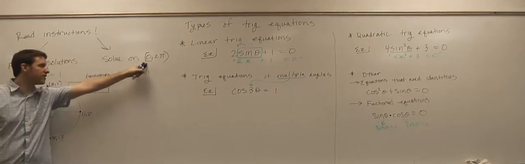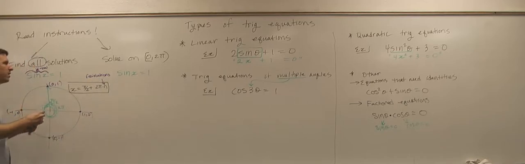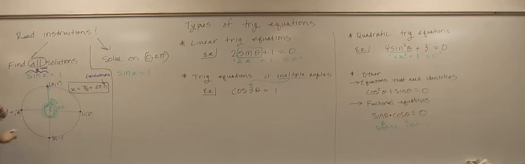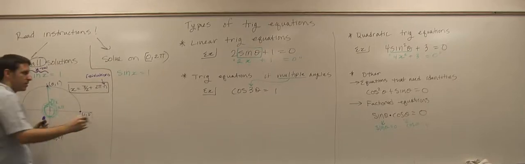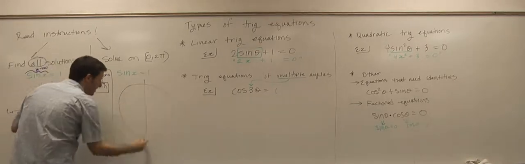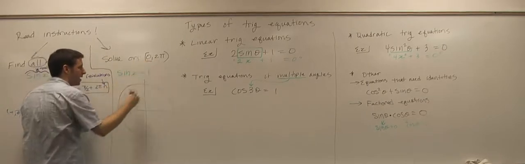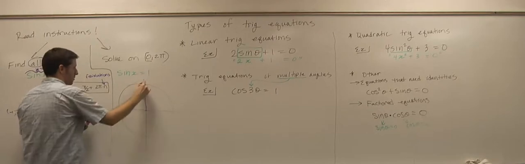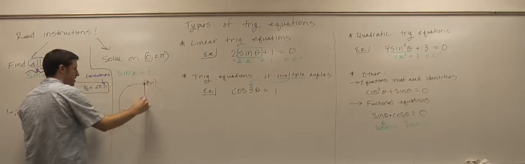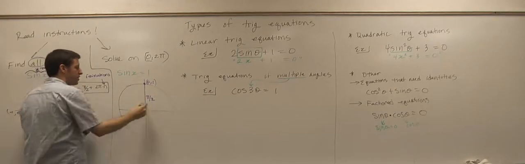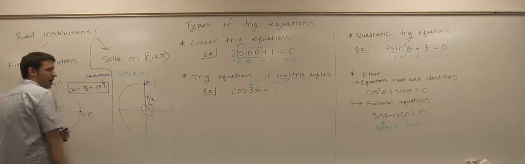Now, if it just says solve on 0 to 2 pi, what does that change? What do you think the answer is over here? Just pi over 2. Right? The only place that sine is equal to 1 between 0 and 2 pi is this angle. If I go a full revolution past this, I'll be bigger than 2 pi.